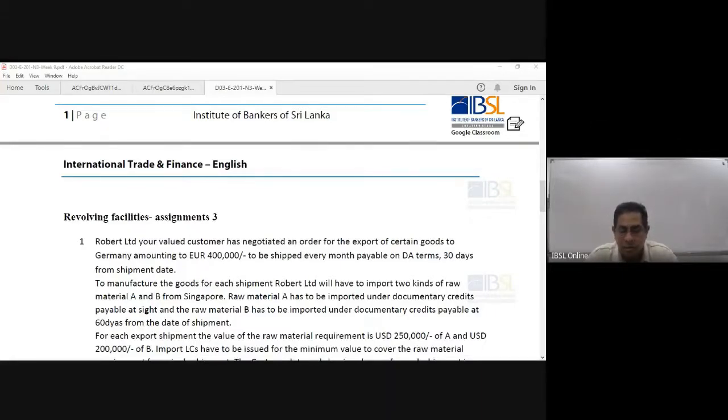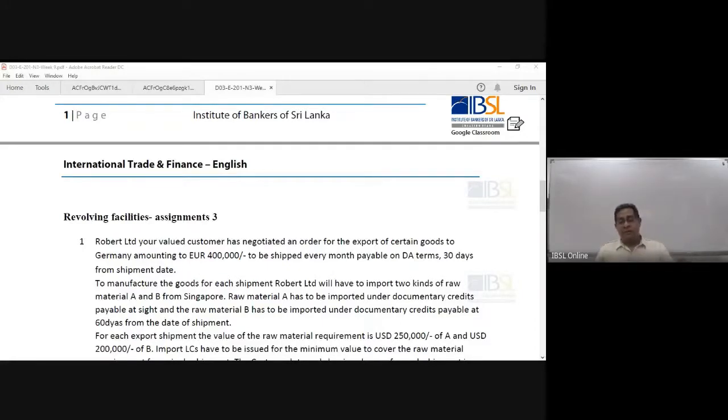I made a mistake here. We read the question again. The last sentence says the payment term is 60 days from the date of onboard stamp.